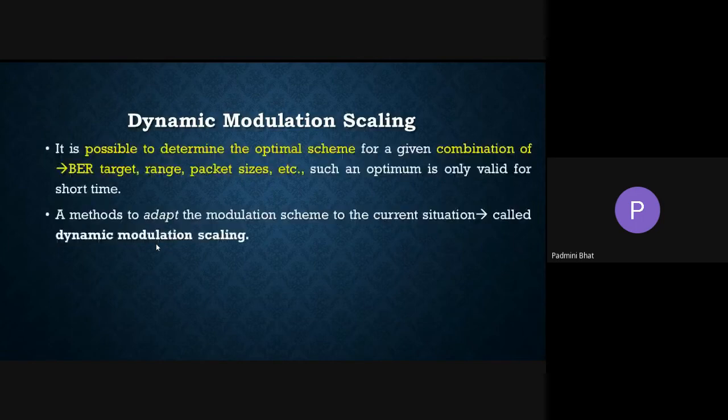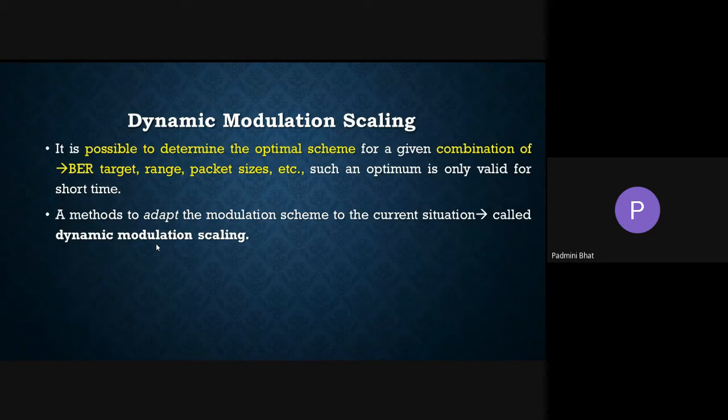Then coming to dynamic modulation scaling, it is possible to determine the optimal scheme for a given combination of BER, that is targeted, range, packet size, etc. Such an optimum is only valid for a short time. We have discussed a few of the topics, in which the range of the transmission was there, and packet size also was there.